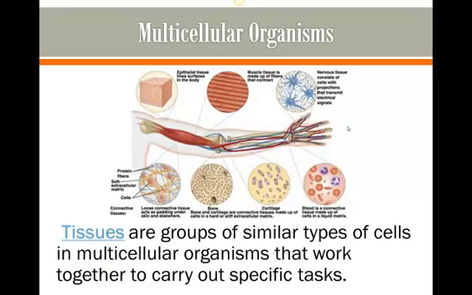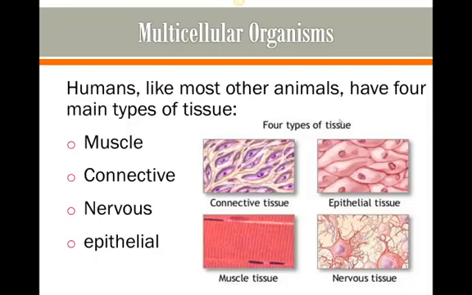Here you can see an arm, and they're pointing to some of the various tissues that are found in different parts of your arm. Here are the main types. You need to know this is a listing question. The main types of tissue that are found in animals and in humans: muscle tissue, which of course you can think of as the muscles, the biceps that you show off.